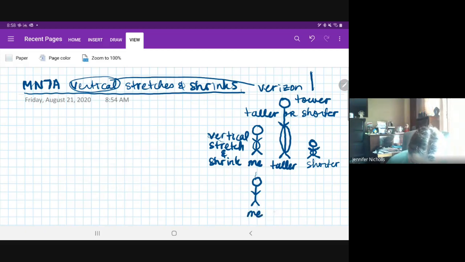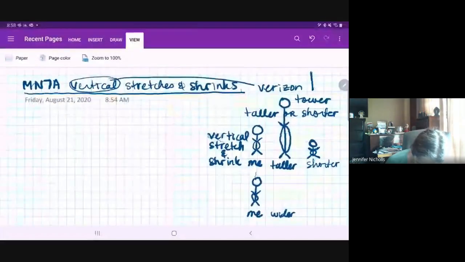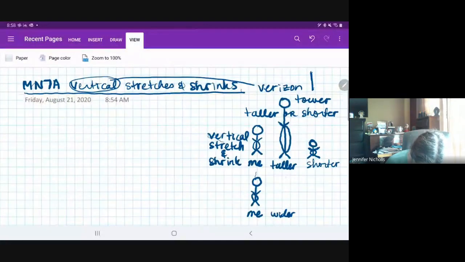Now, what if I got wider? Okay, so here's my belly. My head is going to get wider too. My arms are going to be wider.